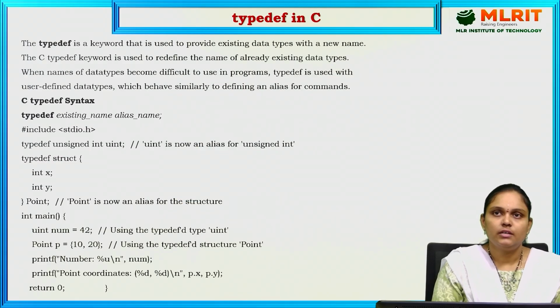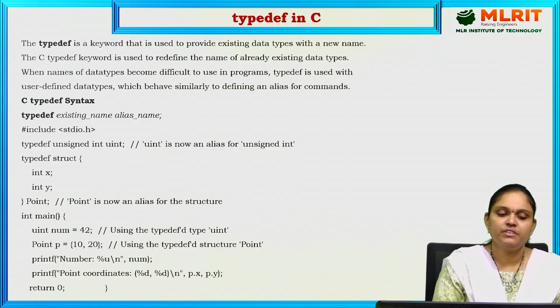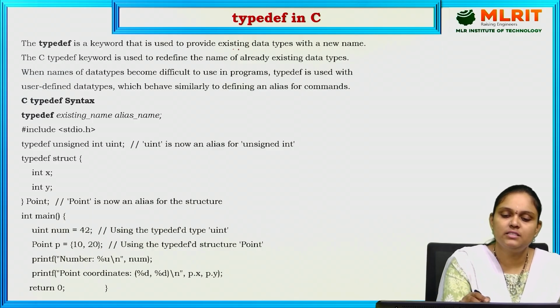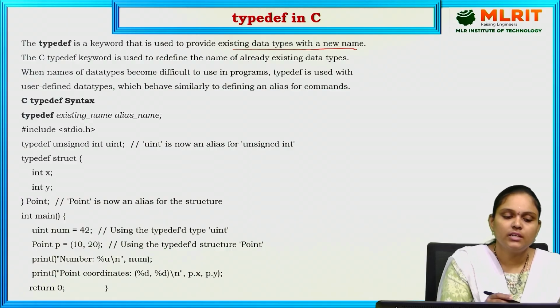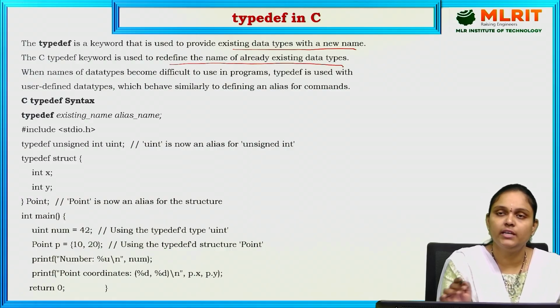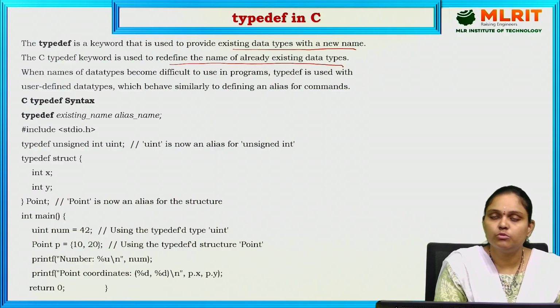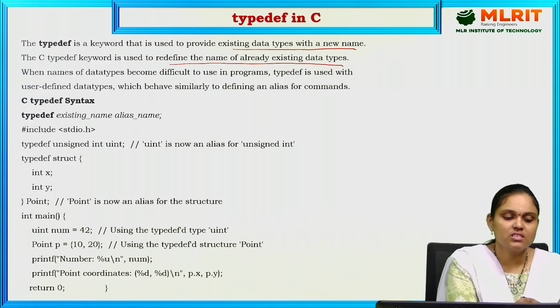Next is typedef. Typedef is a keyword that is used to provide existing data types with a new name. The C typedef is used to redefine the name of an already existing data type. Suppose you want to change the name of an existing data type, then you can do so by using the typedef keyword. This is the syntax: typedef existing name and alias name.